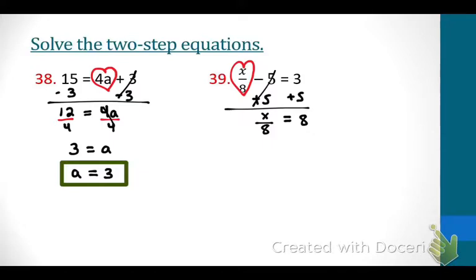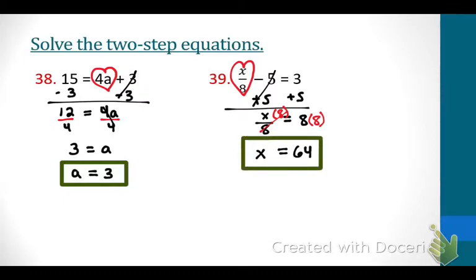Divide by 8. So how do I get rid of divide by 8? Multiply by 8 on both sides, and what do you get? X equals 64. That is correct. And once again, you could plug back in. Up here, 64 divided by 8 is 8. Minus 5 does in fact equal 3, which is what we wanted it to equal.